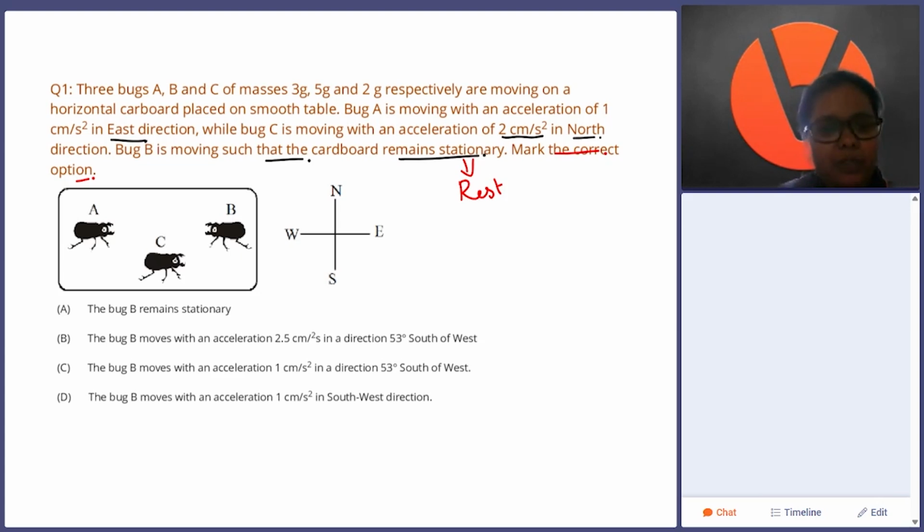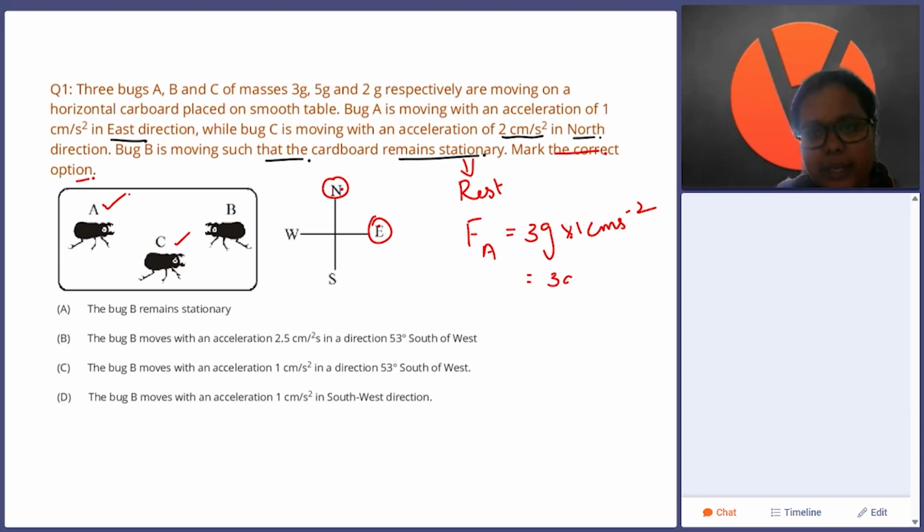So what we can do first, we can find out the force. Actually, Buck A and Buck C are moving, right? One is moving in the east direction and another one is moving in the north direction, which means perpendicular to each other. So how will we find Buck A's force? Mass of A times acceleration of A. The mass of A is 3 gram and its acceleration is 1 centimeter per second square.